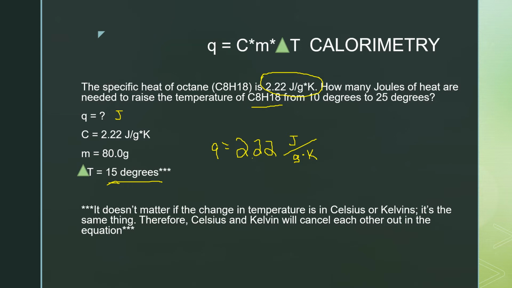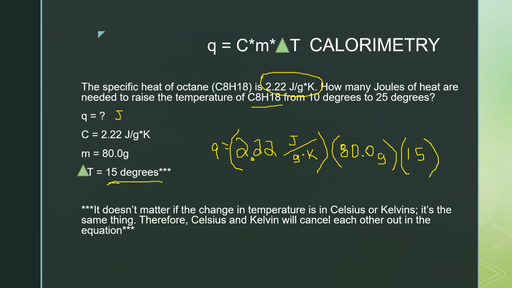So 2.22 joules per grams Kelvin, and I'm just going to put parentheses around it so it's easier to read, times the mass, which is 80.0 grams, times 15. And that 15, as we said earlier, could be Celsius or Kelvin, doesn't matter. It's 15 degrees.